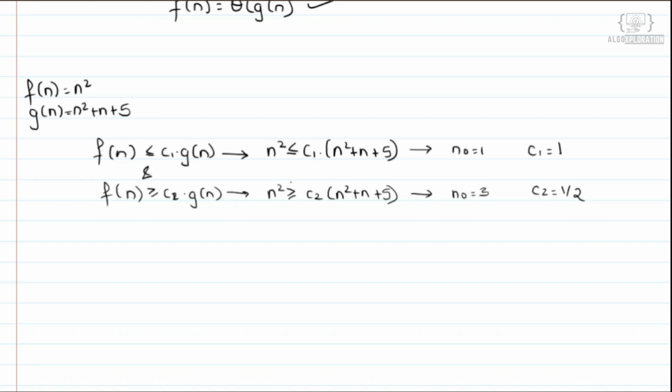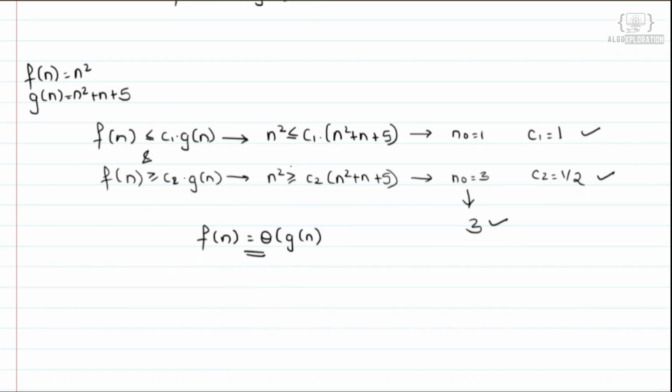The common value between 1 and 3 is 3. So we get c1 as 1, c2 as 1 by 2 and n naught as 3. So we can say that f of n is equal to theta of g of n. Let's solve the next question.